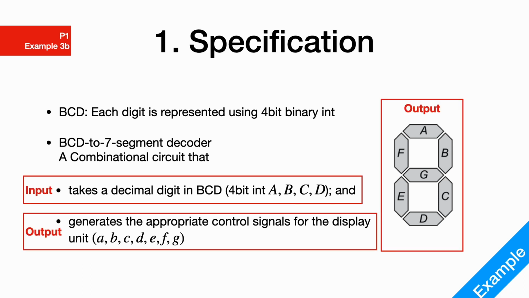In your specification, you have 4 bits of input, A, B, C, D, and you have 7 bits of output, because we don't actually need a decimal point for this particular exercise. In step 2 formulation, we're going to transform this description of our circuit into actual truth table, in this case.